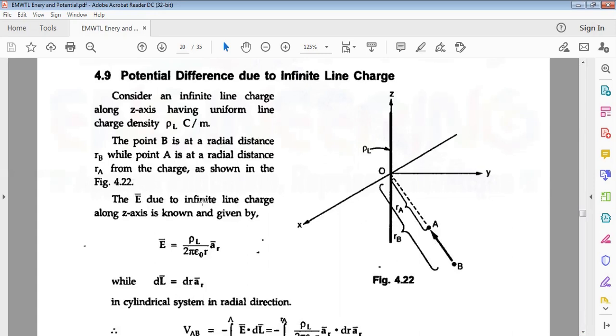The E bar due to the infinite line charge along the z-axis is known and is given by E bar is equal to rho L by 2 pi epsilon naught R into A R. We already derived this expression, my dear students.